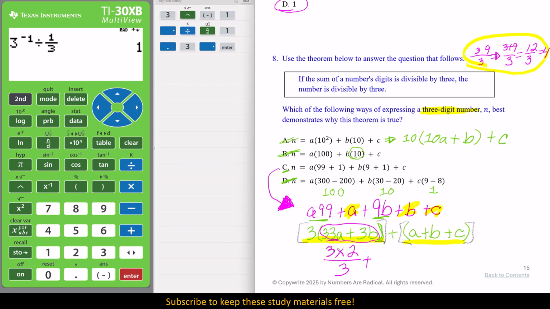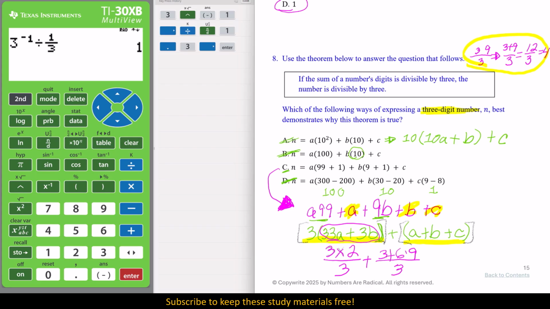And then if we said that A, kind of like just going back to it, let's say A is 3, B is 6, and C is 9. Each of these digits are divisible by 3.